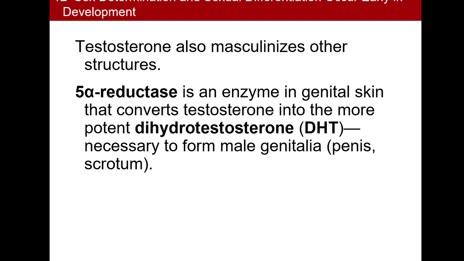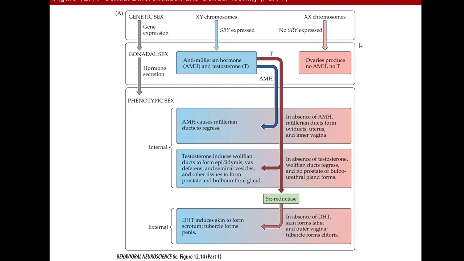So you need that more powerful form of testosterone in order to form the male external genitalia, penis, scrotum, etc. We will talk on Thursday about a situation where if an individual does not have this enzyme, then you can see a different result. We'll talk about that on Thursday.